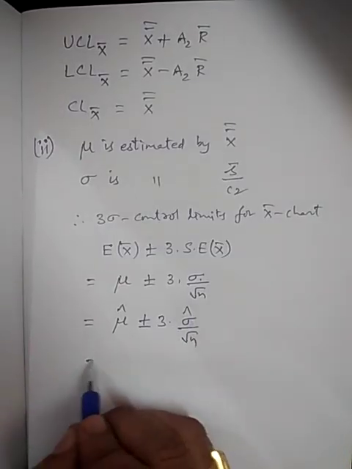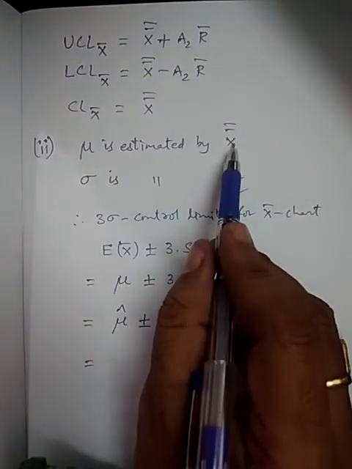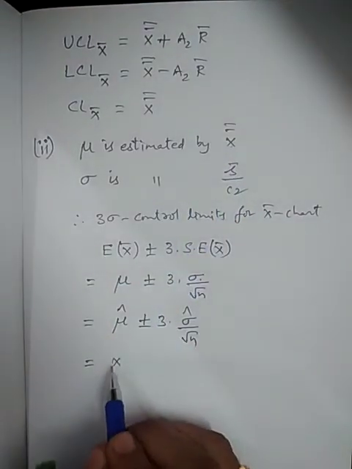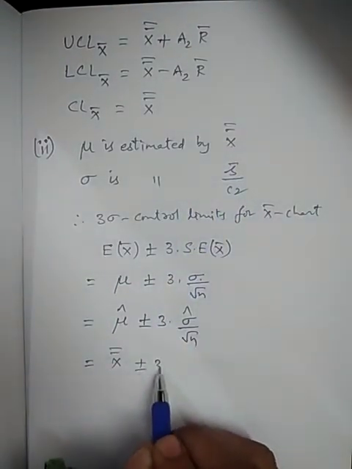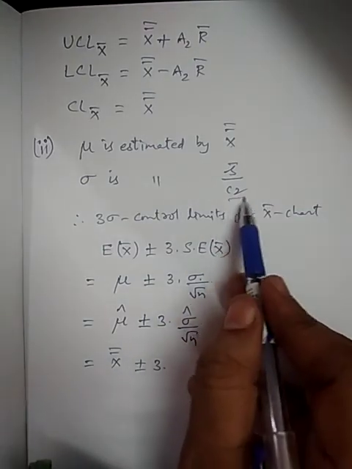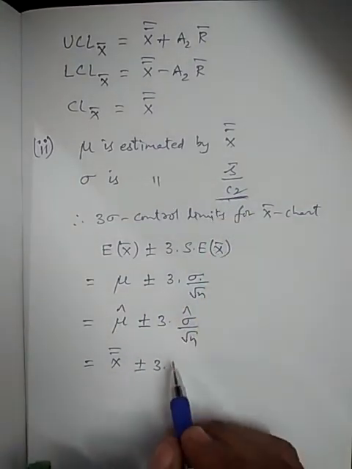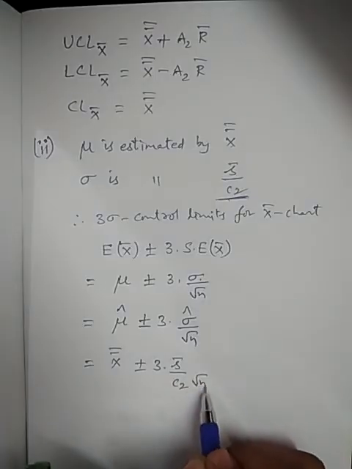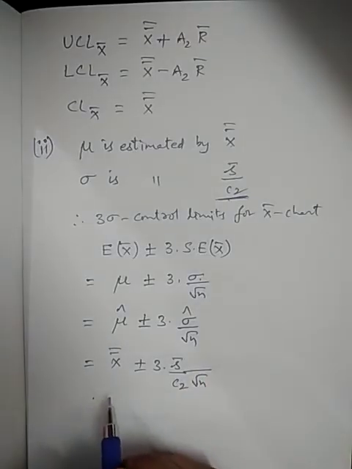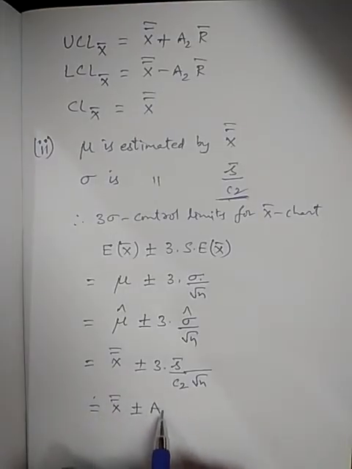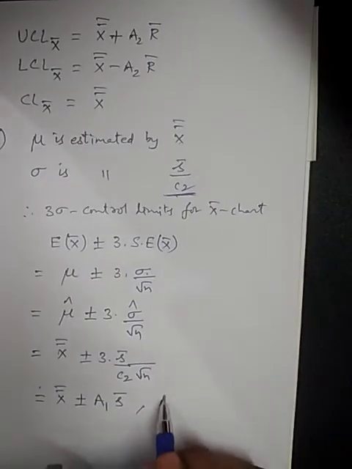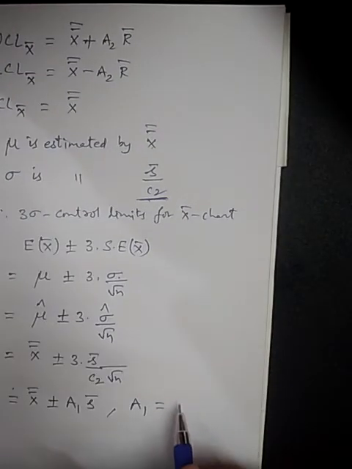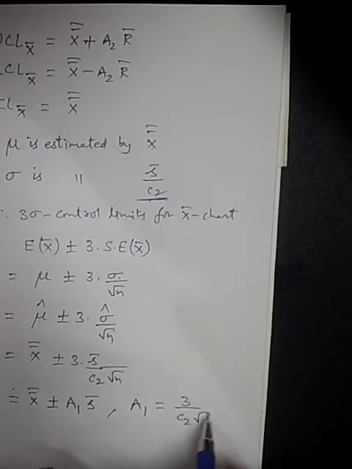Now mu cap is estimated by x double bar, plus or minus 3 into sigma cap, which is estimated with S bar by c2, into root n. Therefore, you consider x double bar plus or minus A1 into S bar. Now what is A1? It is equivalent to 3 by c2 into root n.